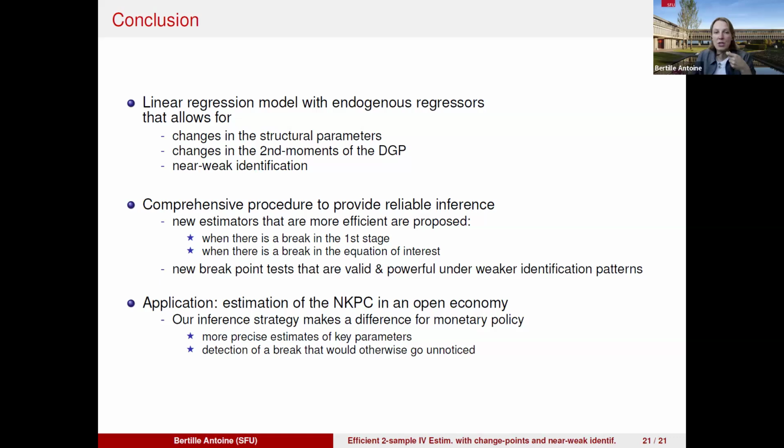And then in terms of applications, we are estimating a New Keynesian Phillips curve in an open economy with American data. Our inference strategy definitely makes a difference in terms of recommendations for effective monetary policy. We provide more precise estimates of the key parameters, and tools to detect a break that would otherwise go unnoticed and lead to really misleading estimates of these key parameters.